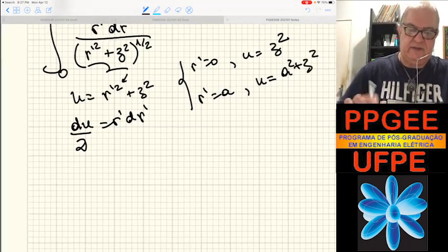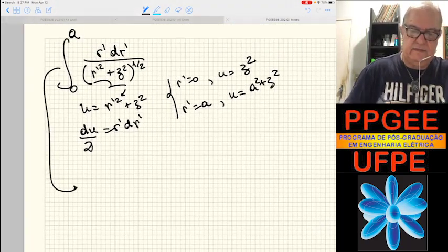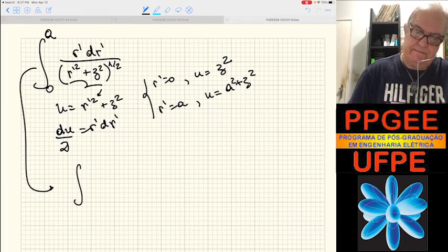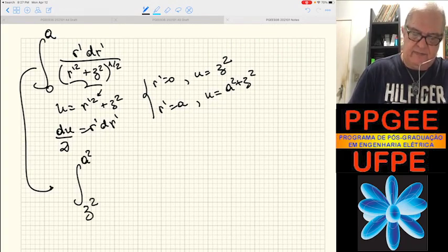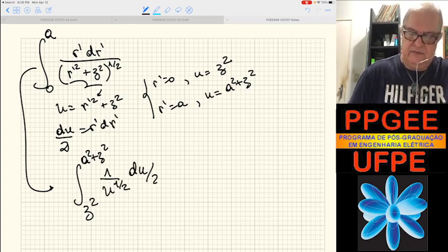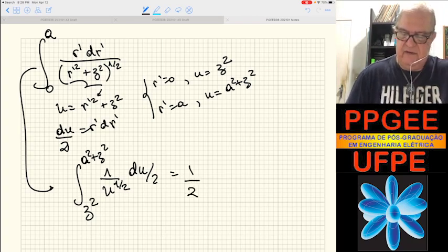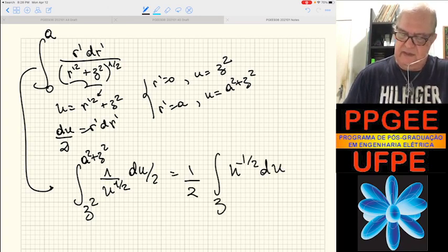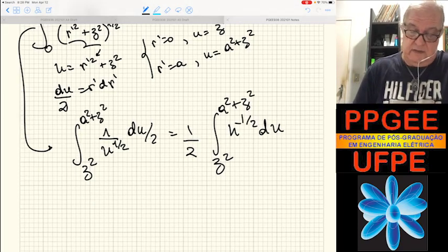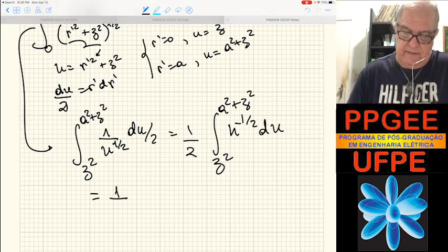So we have a change of variables here. This integral becomes integral from z square to a square plus z square, 1 over u to 1/2 du over 2, which equals to 1/2 of integral of 1 minus half du from z square to a square plus z square, right? So it's going to be 1/2. Is this right?